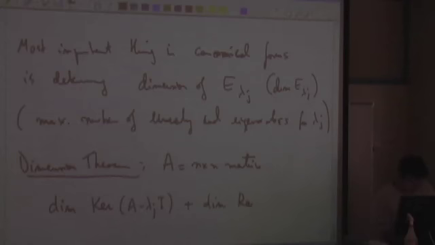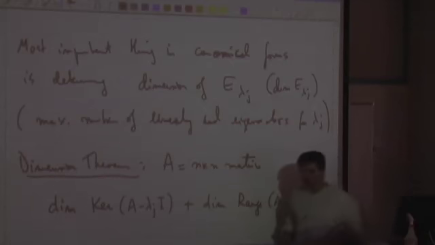Well, there is what's called the dimension theorem, which says for an n by n matrix, the dimension, DIM, of this kernel plus the dimension of what's called the range is always n.